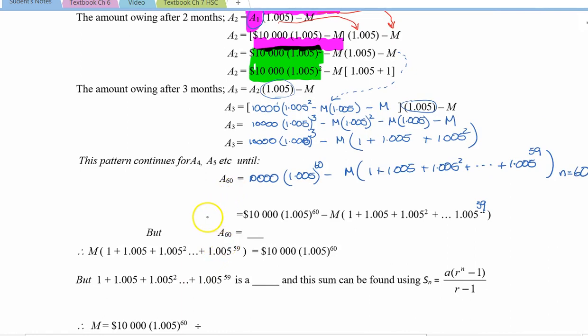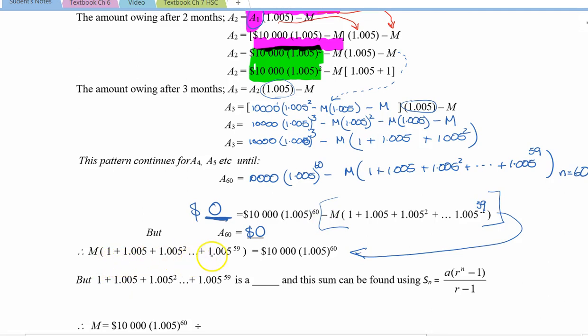And A60, what do we know we want this value here to be? We want that value to be $0. And so we've got this equation. What's happened between this line and this line is that all of this has been picked up and taken to the left-hand side, and it becomes a positive.